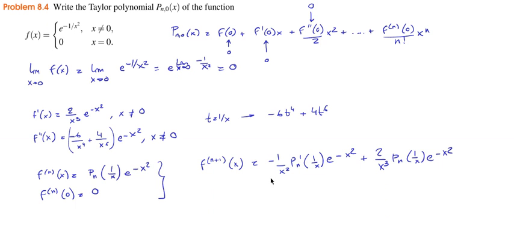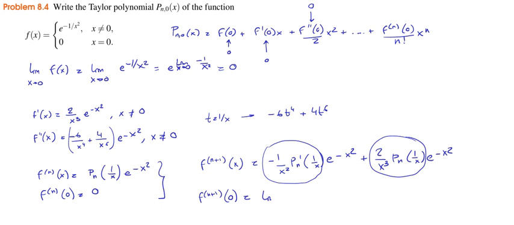So again, we have e to the minus 1 over x squared multiplied by two things that are polynomials in 1 over x. So this proves the induction hypothesis, and the limit is also going to be 0.